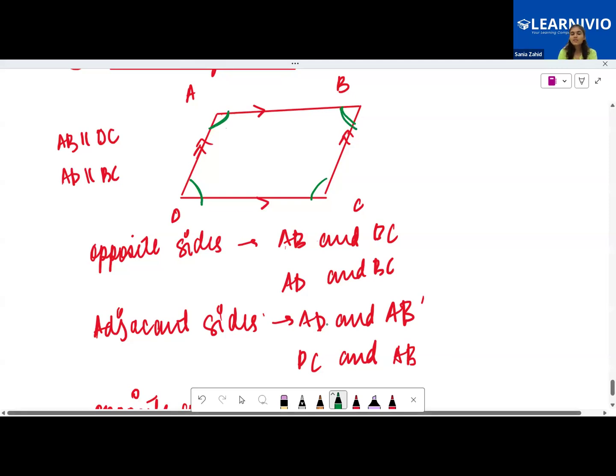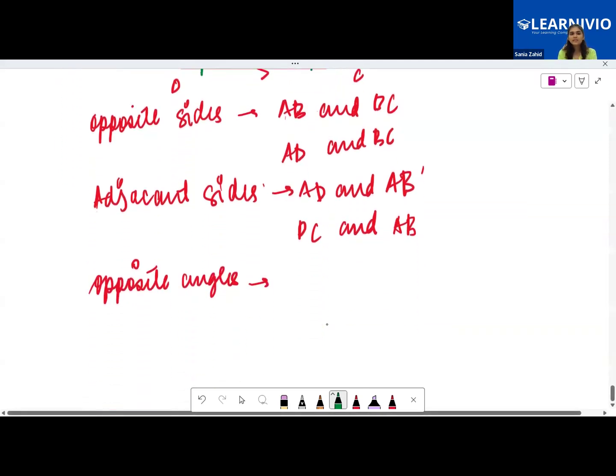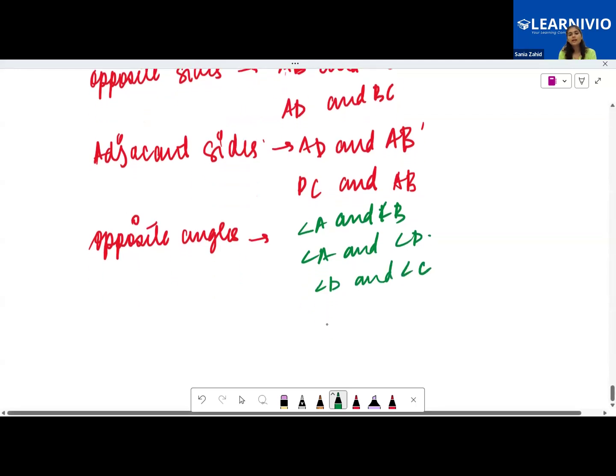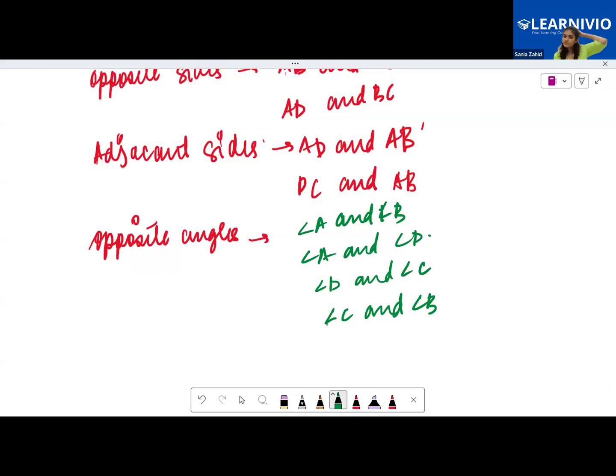So basically adjacent angles will be angle A and angle B, or angle A and angle D. Similarly, angle D and angle C, or angle C and angle B. These are all adjacent angles. What will be the opposite angles? Angle A and angle C, and angle B and angle D.